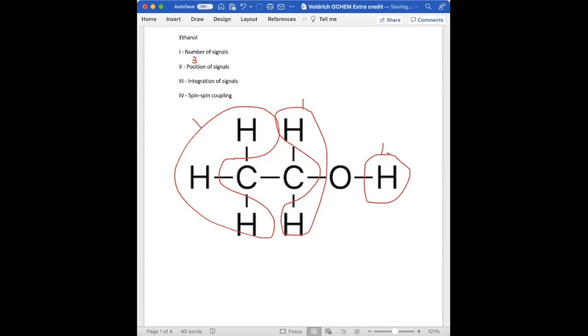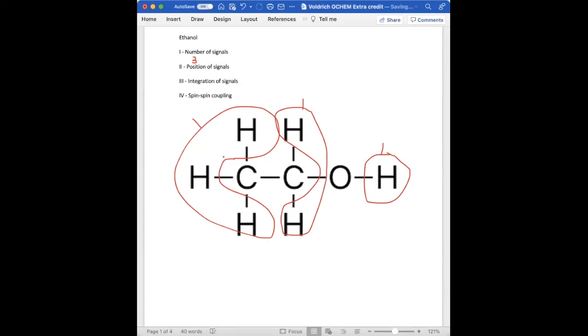Now the spin-spin coupling comes from the N+1 rule, which takes the number of hydrogens on the neighboring carbon and adds 1 to it, and that'll show how many peaks we will have at that location in the NMR. So the 3 hydrogens are next to a carbon with 2 hydrogens and nothing else.